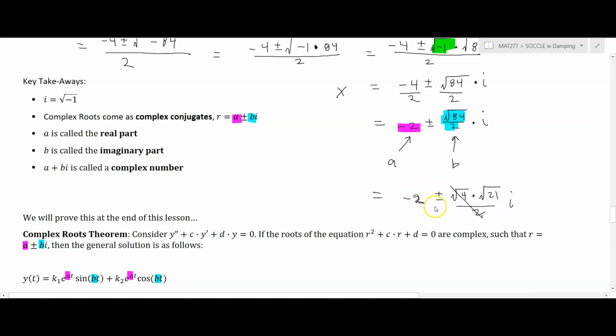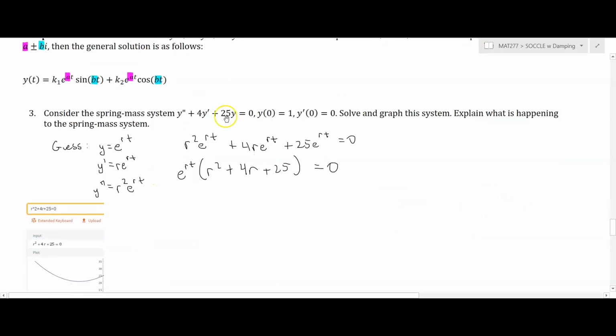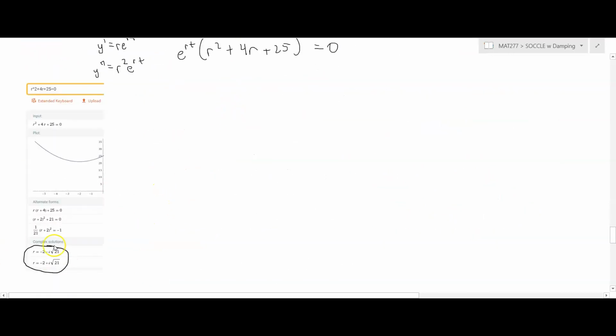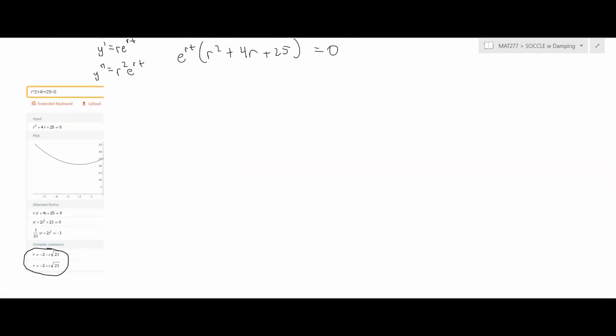And so you see we get -2 plus or minus the square root of 21 times i. So same thing Wolfram Alpha gives us. Wolfram Alpha reduces it for us quite nicely. All right, so our value of r is -2 plus or minus the square root of 21 times i.